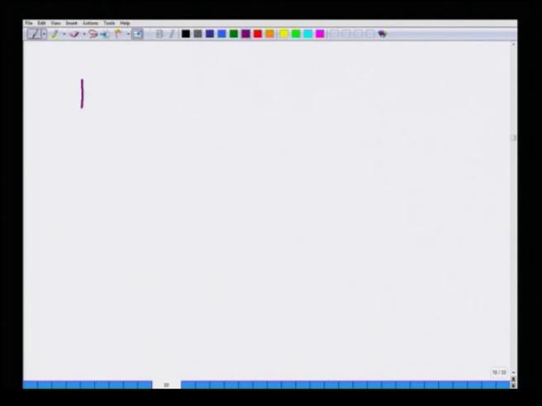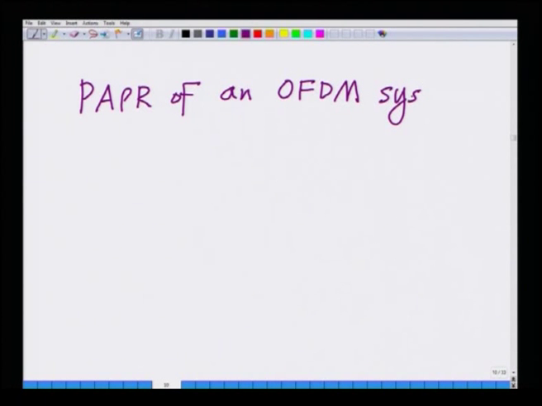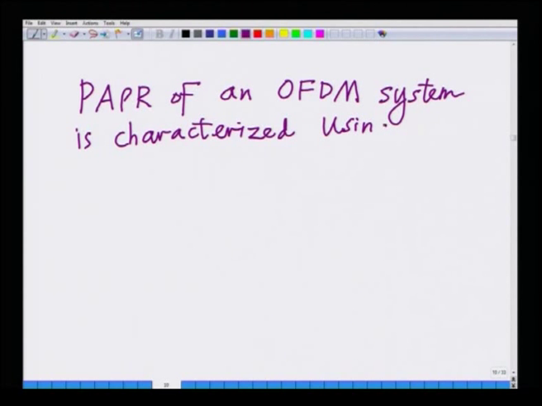Hence, the PAPR of an OFDM system is characterized using the CCDF.